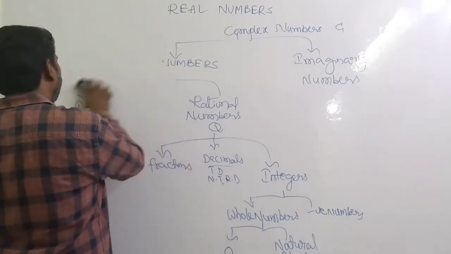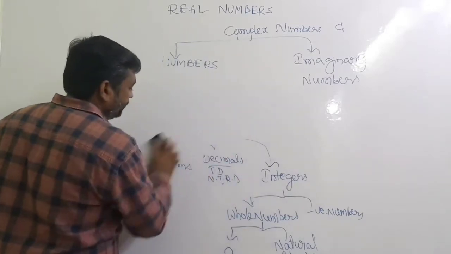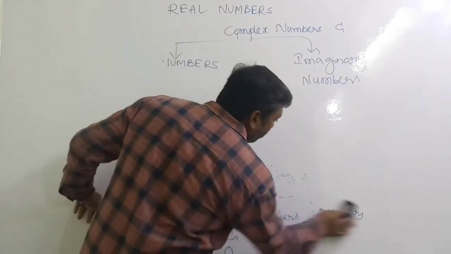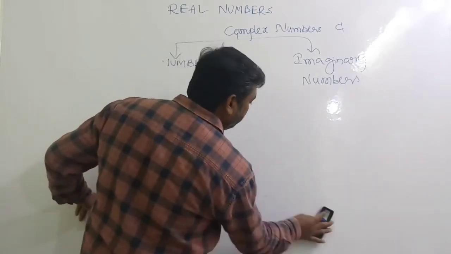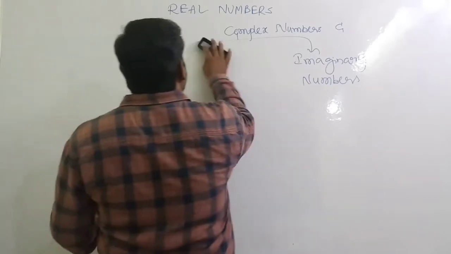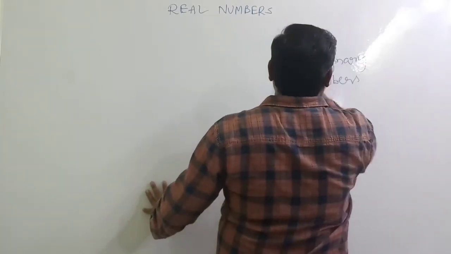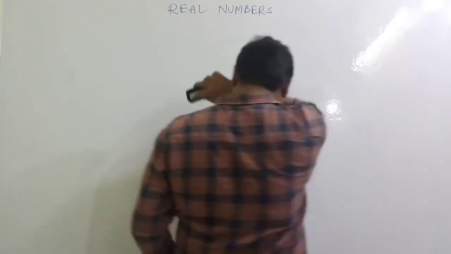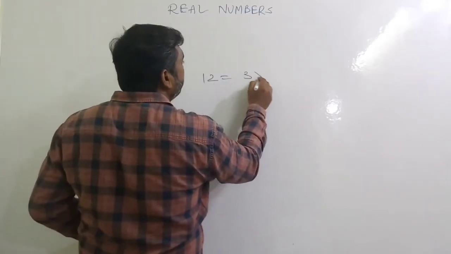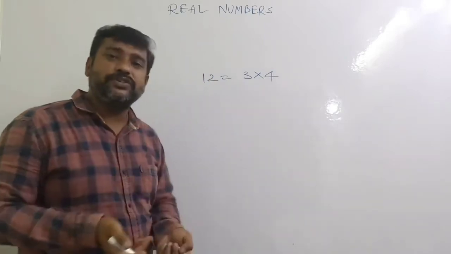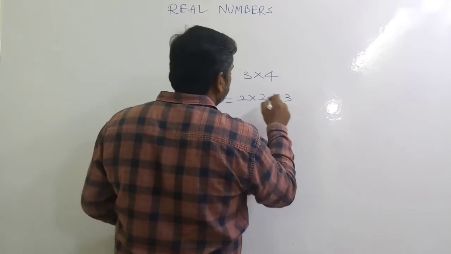Next let us discuss an important theorem in arithmetic, called the fundamental theorem of arithmetic. Before going to this theorem, let us recall factorization and prime factorization. 12 can be written as 3 into 4, and 12 can be written as 2 into 2 into 3. What is the difference?